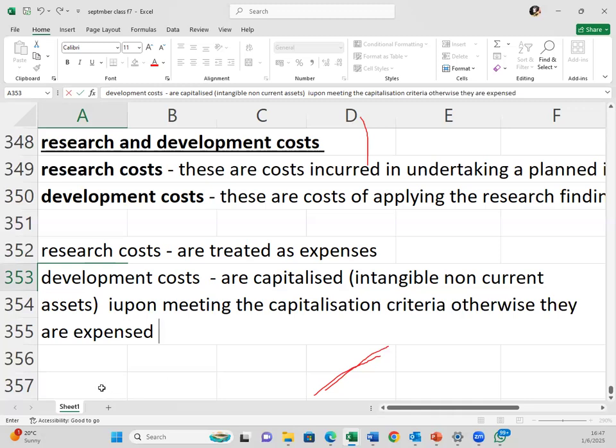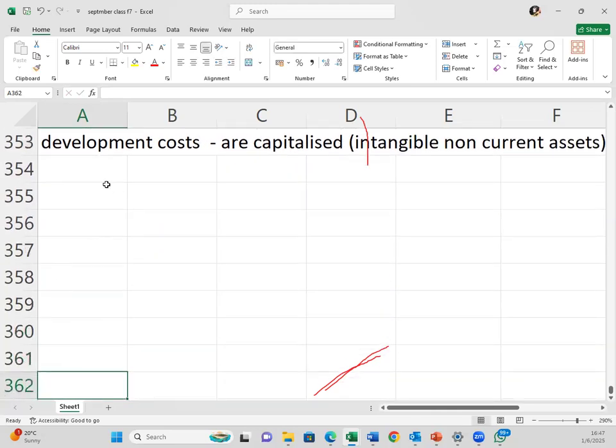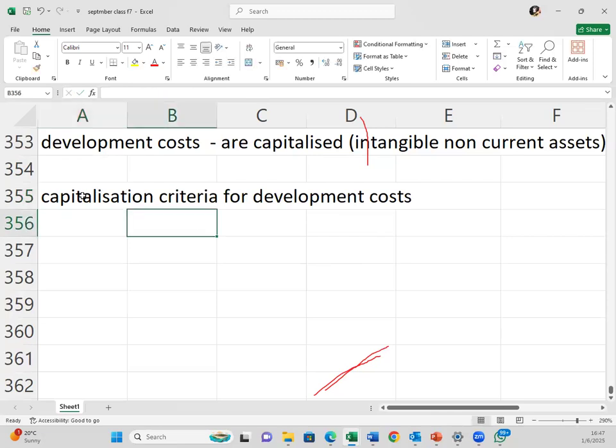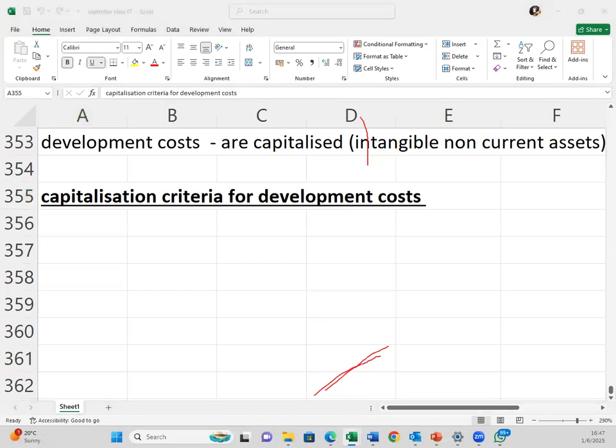So what gives rise to their capitalization? What criteria must they first of all meet for us to capitalize them? Let's look at the capitalization criteria for development costs.